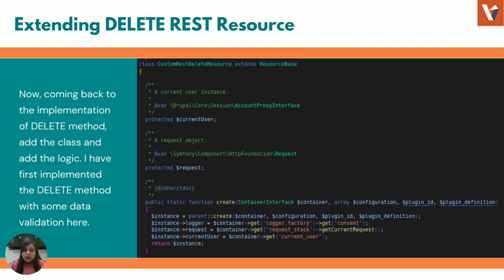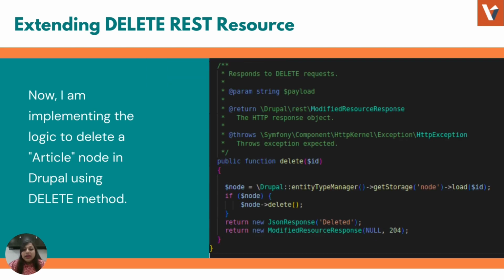Now moving further to class implementation, I have added custom REST delete resource because the class name and file name will always be the same. So my class is extending resource base. Then I have added some dependency injection code here, which you can see. Then coming to the delete method implementation, you can see I have passed the variable ID.